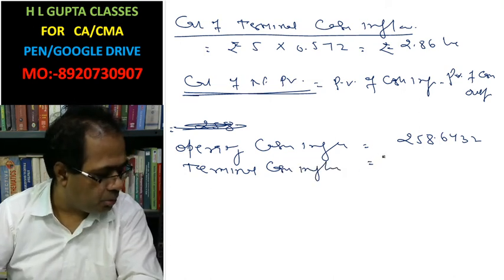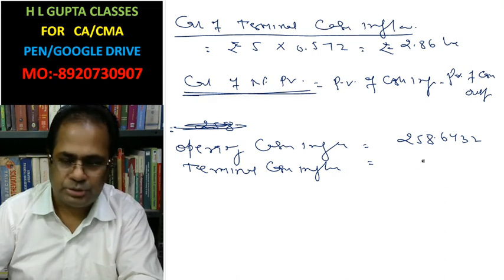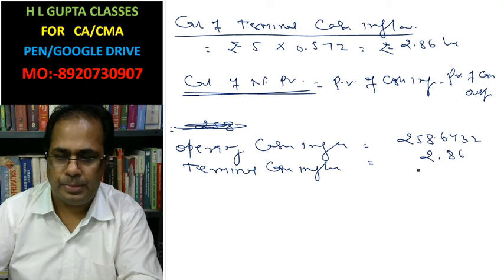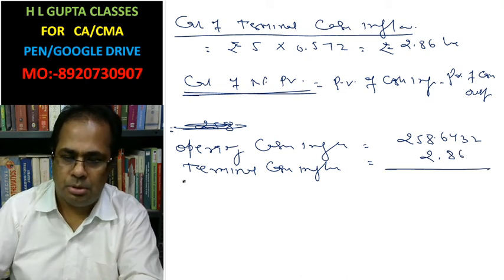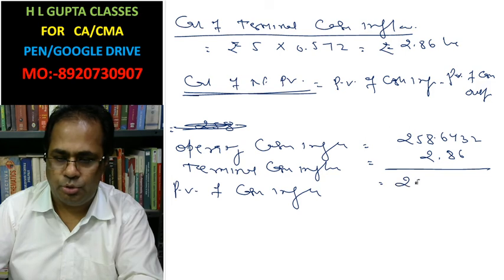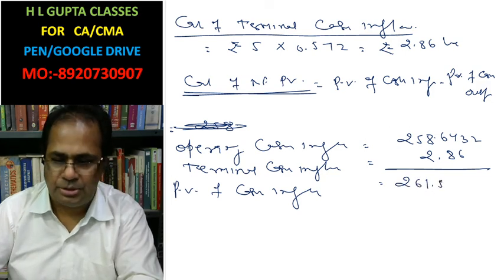Terminal cash inflow is 2.86. Present value of cash inflow is 261.5032.